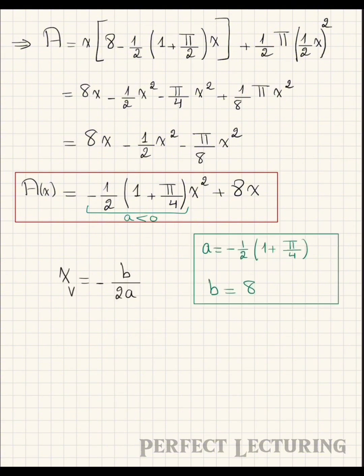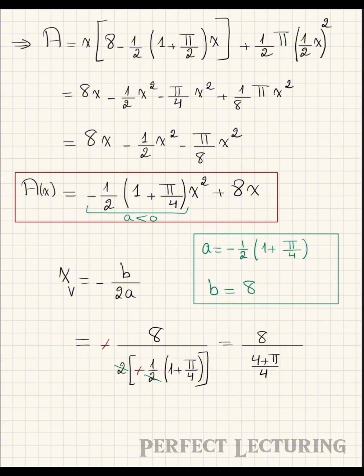And we get the following. Minus b is 8, and 2a is 2 times negative half into 1 plus pi over 4. We cancel the 2's and the minuses and find a common denominator here. This is 8 over 1, so it becomes 8 over 1 multiplied by the reciprocal of the bottom fraction.